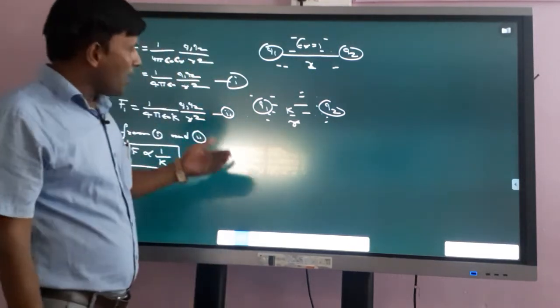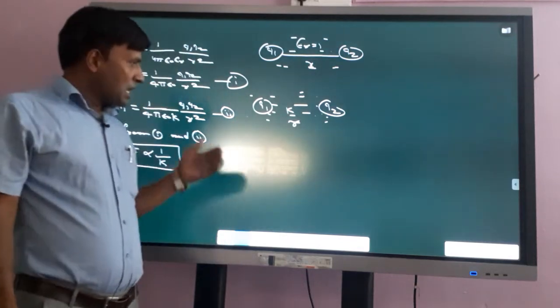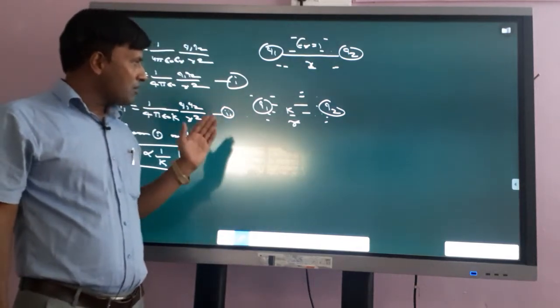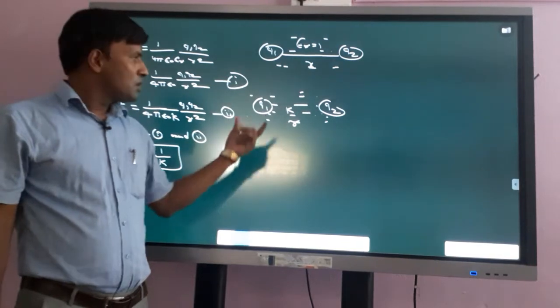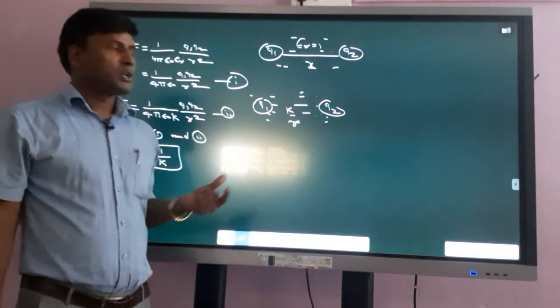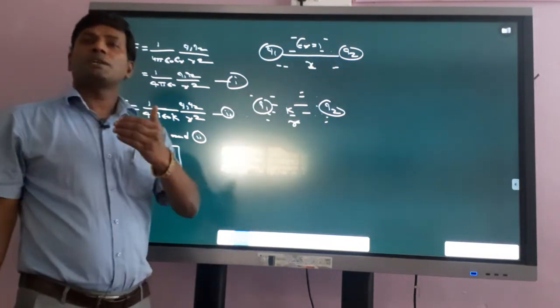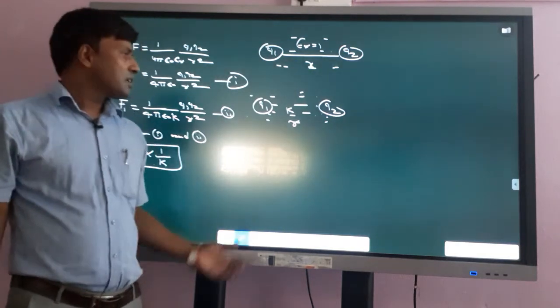So here our question arises: how can we calculate force between two charged particles when they are placed in multiple dielectric constants?